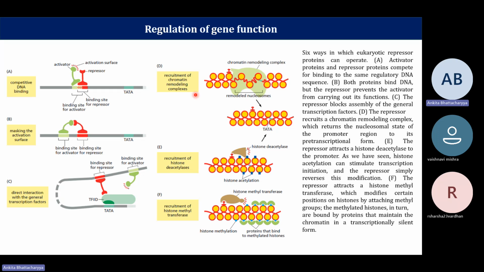Next, in panel D, you can see that there can be the recruitment of chromatin remodeling complexes. Remodelers, again, not going into too much detail about it, but just so that we can have an introduction about it, we'll discuss all of this in much detail later on. But chromatin remodelers are able to bind to these sites.